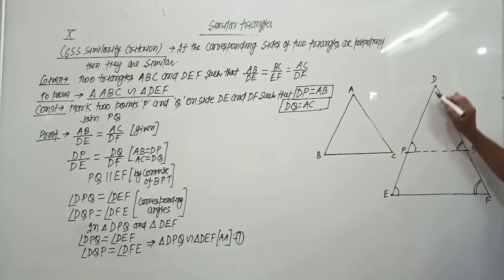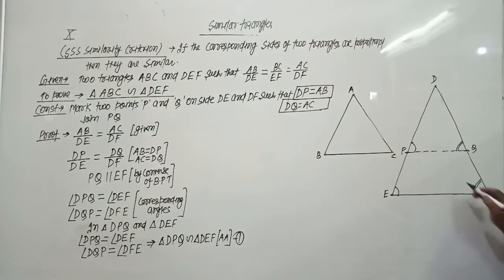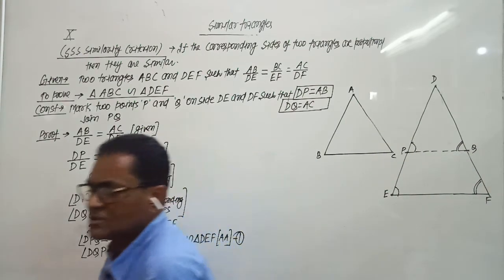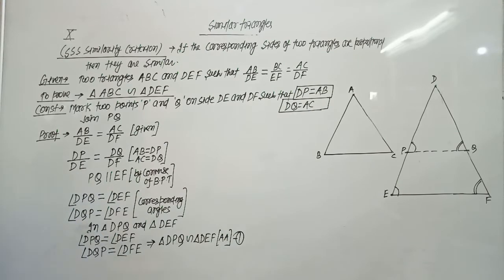Now we take two triangles, triangle DPQ and triangle DEF. Since angle DPQ equals angle DEF and angle DQP equals angle DFE, in these two triangles two angles are equal. Therefore, triangle DPQ is similar to triangle DEF, and name it first equation. And if these two triangles are similar, then their sides must be proportional.